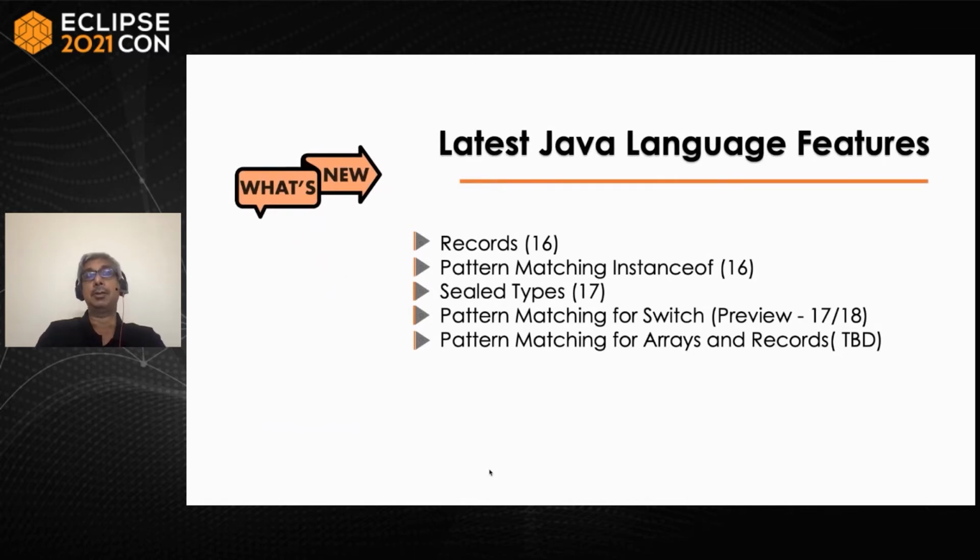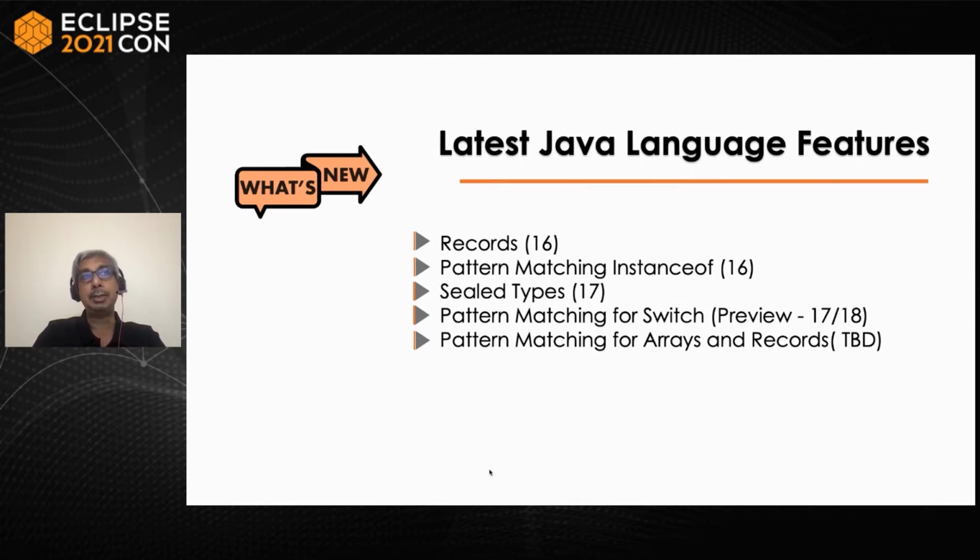Java has a lot of features, but we'll be speaking about the language features, and I'll be speaking about some select language features. These can be classified into one bucket about the Java language changes itself. From the Java 16 point of view, we had two features: records and pattern matching for instanceof, and these have become standard features.